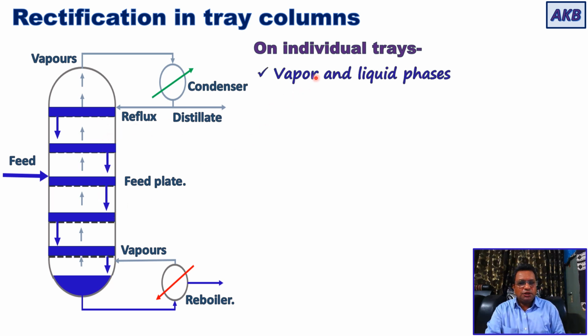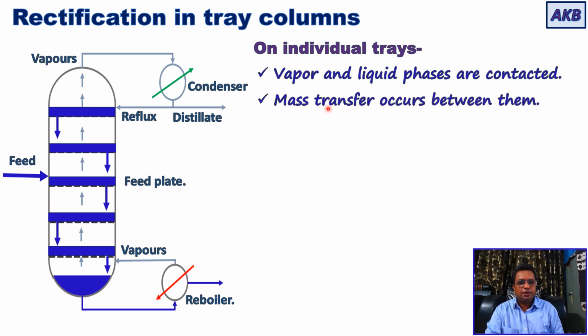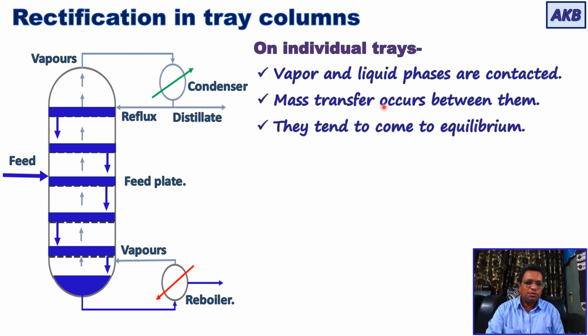So on each tray, the two phases, which two phases? Vapor and liquid, these phases are contacted. During this contact, mass transfer occurs between them, that is, components are transferred between the two phases. And what is the result of this mass transfer?